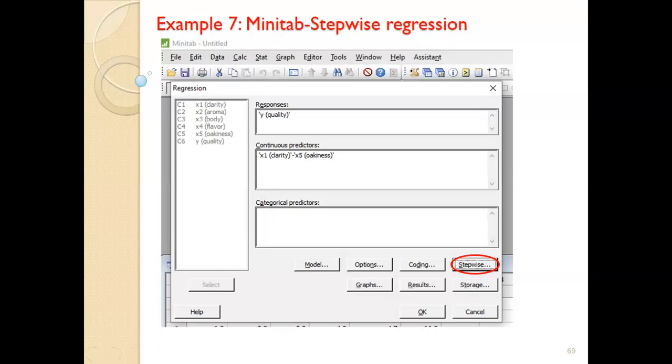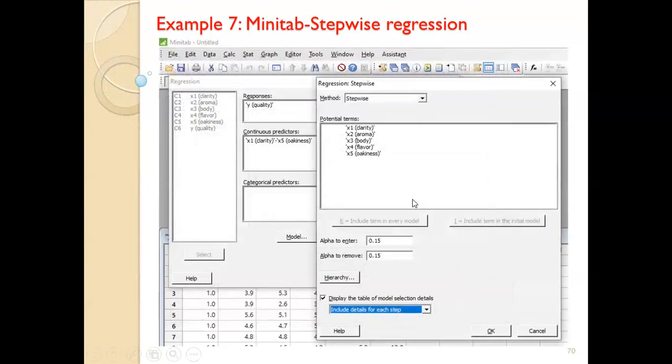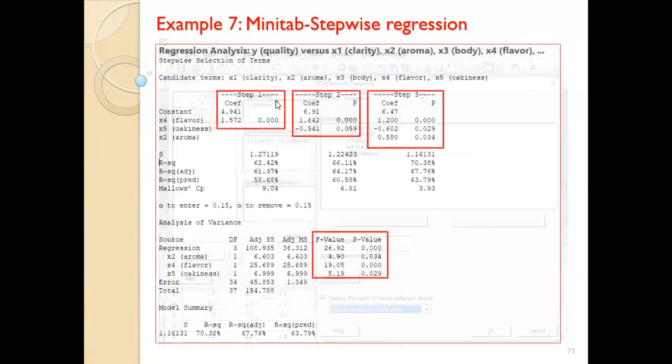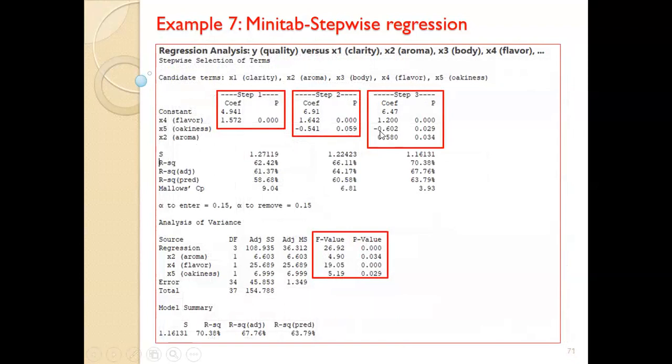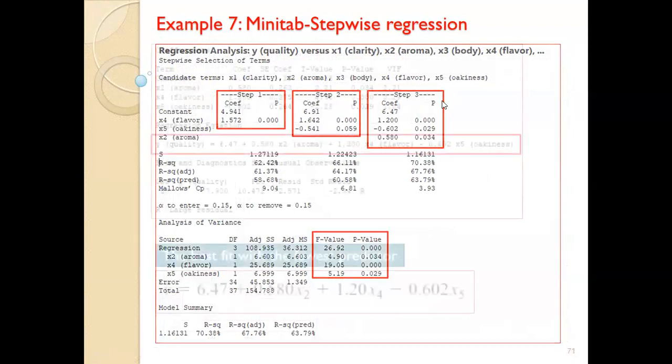And then you select stepwise. If you select stepwise, the data will show in this. This is step 1, step 2, step 3. Only 3 steps.